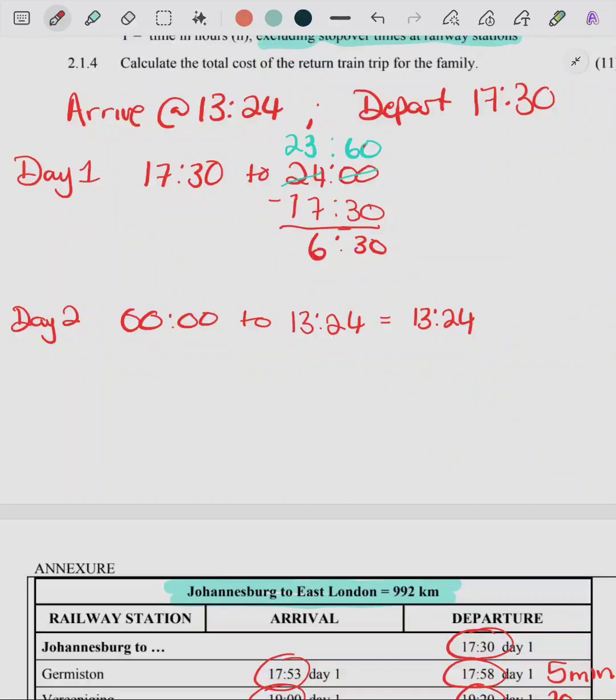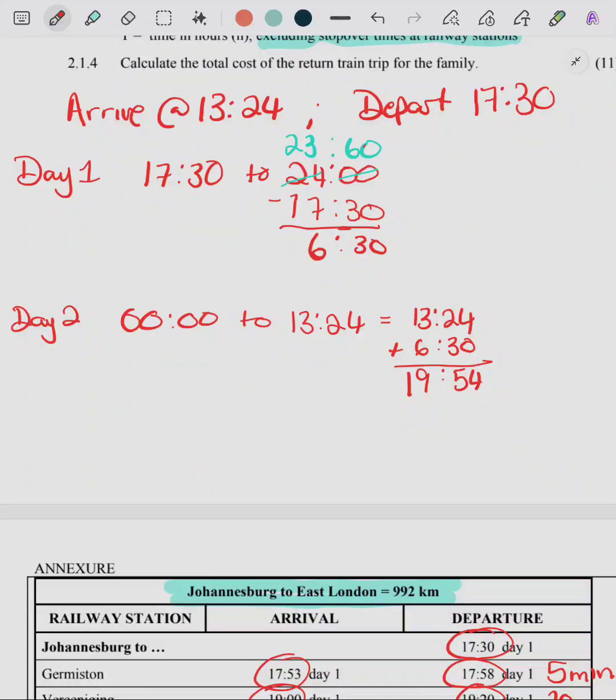So now, what is our total time? We have 13 hours 24 minutes on day 2, plus the 6 hours and 30 minutes on day 1, which gives us 19 hours and 54 minutes. So that's actually the whole duration of the trip.